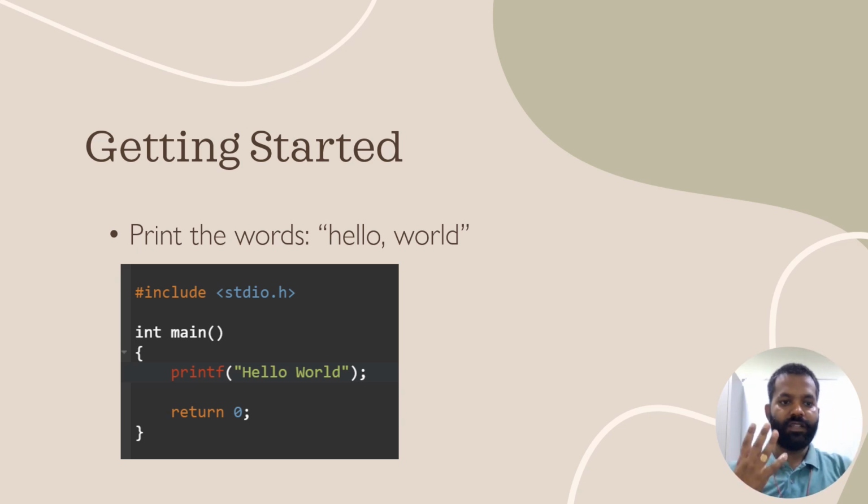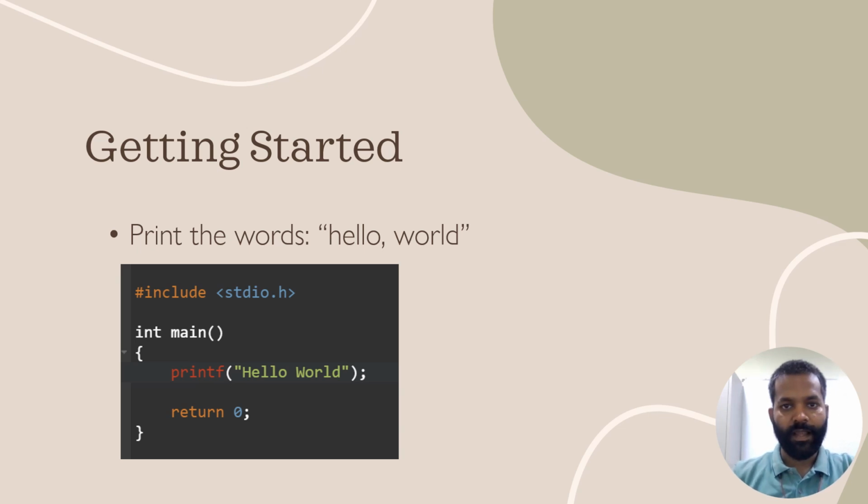The first component is the header file, the second is the main function, the third is the printf statement, and the fourth is the return statement. Again to summarize, first we write the header file, then the main block, which is used for printing the hello world statement.